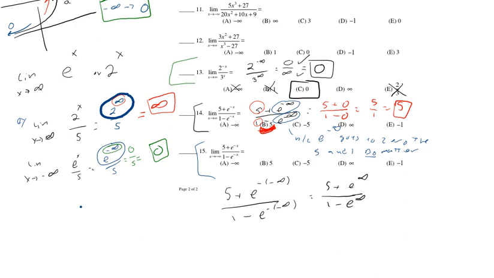Well, let's again plug in the values. 5 plus what's e to the infinity power? Well, that's going to be infinity. Over 1 minus e to the infinity, that's going to be also infinity. So in this case, do the 5 and the 1 matter?